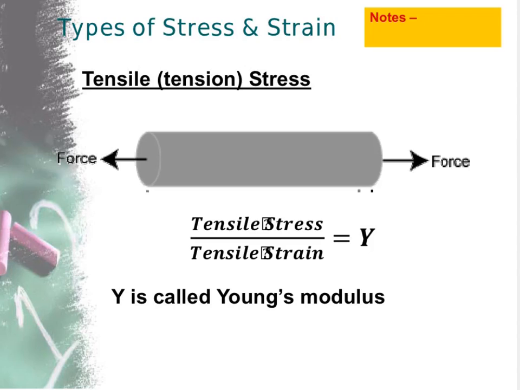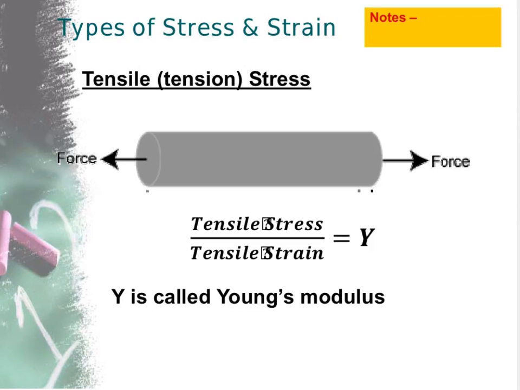The first type we've actually already gone over is what's called tensile, which is another word for tension stress. So we know what tension force is: when a rope is stretched, it undergoes a tension force. So do other bulk materials like aluminum rods.